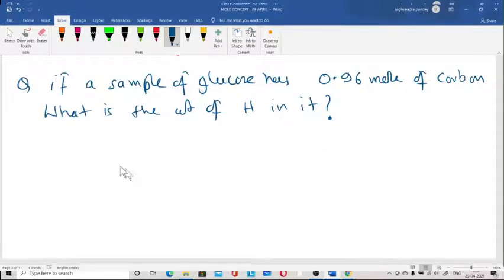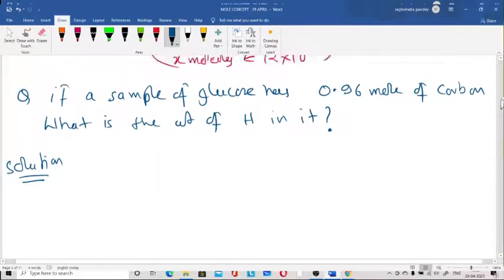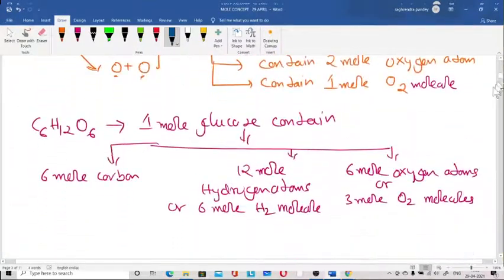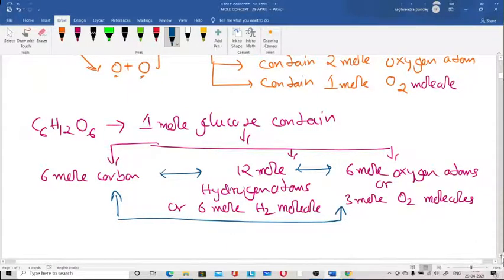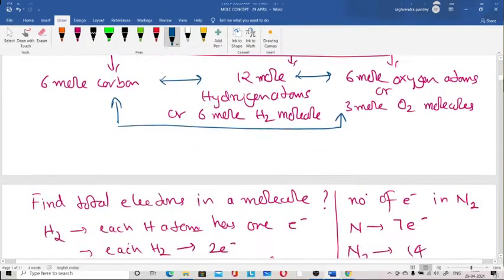Now I told you that here in the glucose, this 6 mole carbon, 12 mole hydrogen atom and 6 mole oxygen atom, these are all equable, meaning when 6 mole is present, 12 mole have to be present and 6 mole have to be present. So equable means they are equivalent.